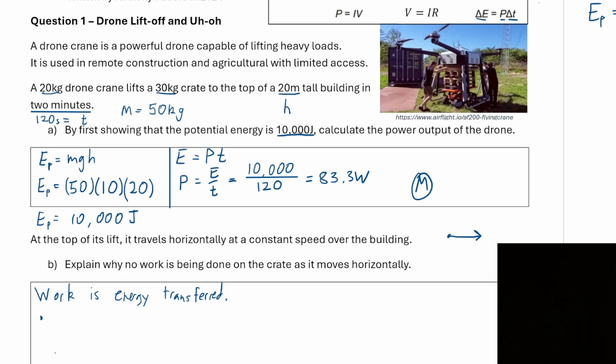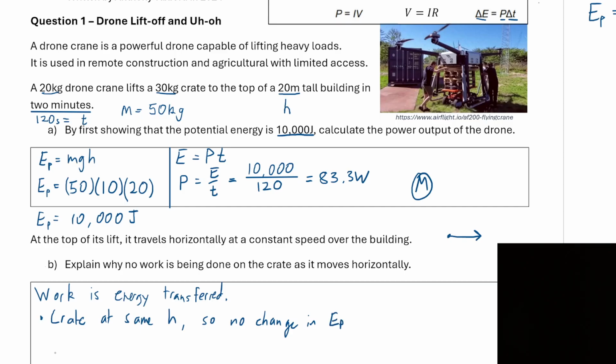is at the same height, right? It travels horizontally. So if it's at the same height, is it gaining or losing potential energy? It's not. So we can say crate at same height, or same h, so no change in potential energy.